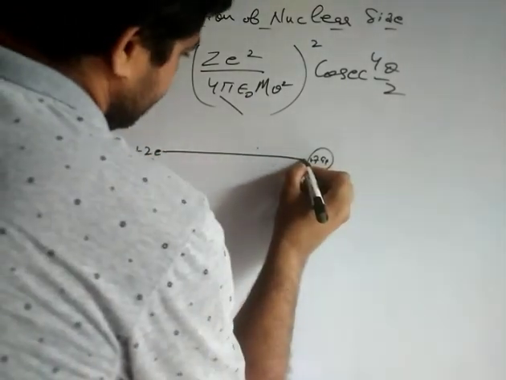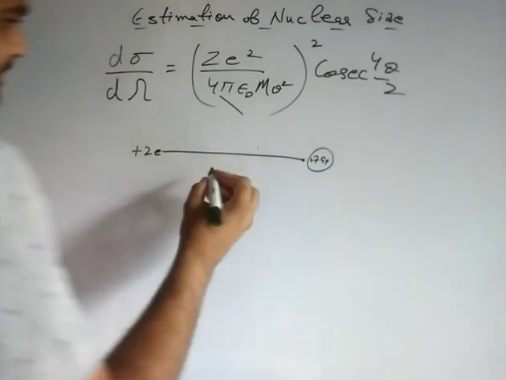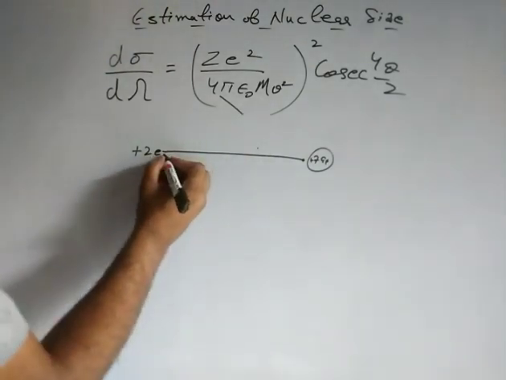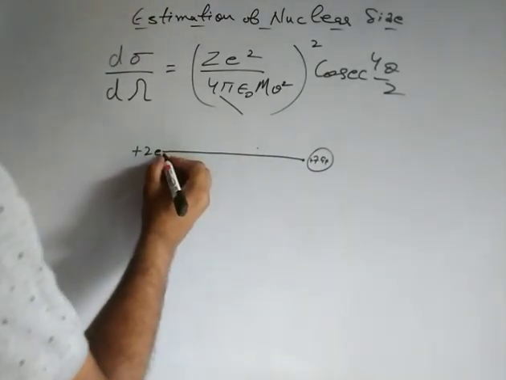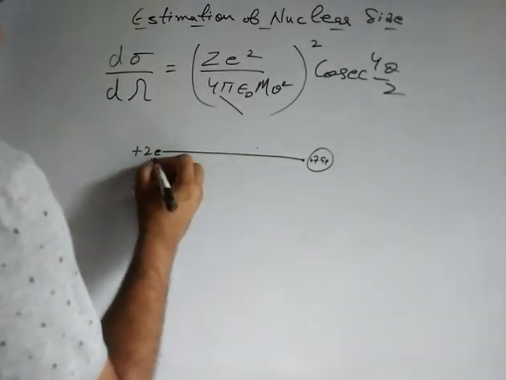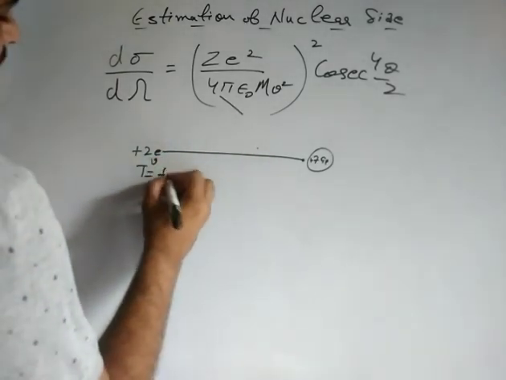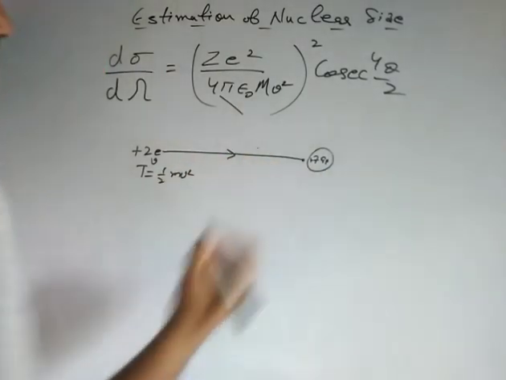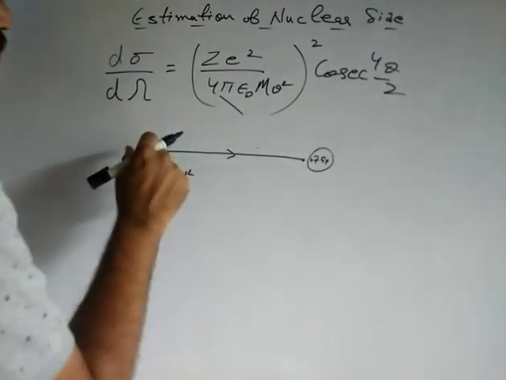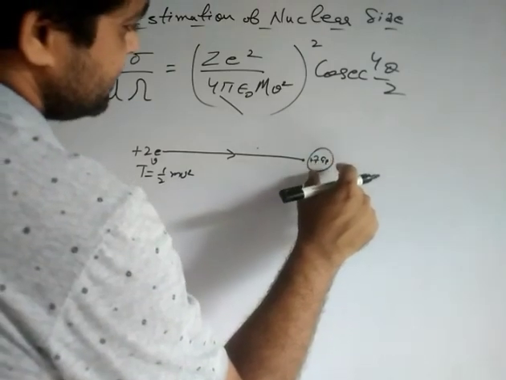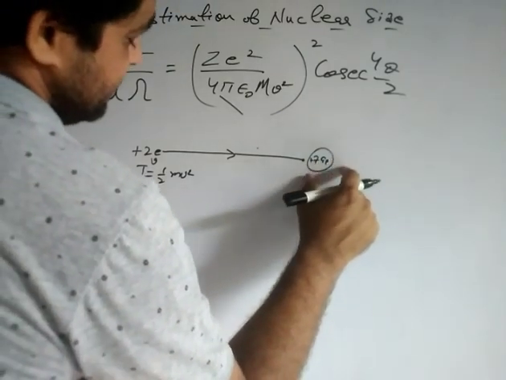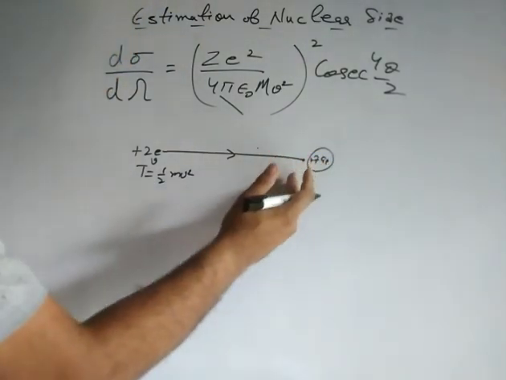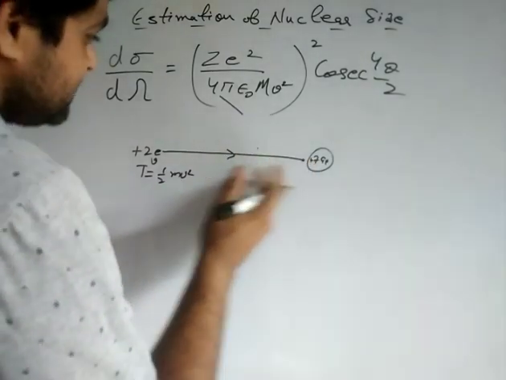In head-on collision, suppose at this distance. Now what is this distance? The alpha particle comes from the radioactive nucleus with velocity v, so it will have kinetic energy T equal to half mv square. Now when this alpha particle approaches the gold nucleus, due to repulsion by the positive charge of the gold nucleus, it will suffer a repulsion.